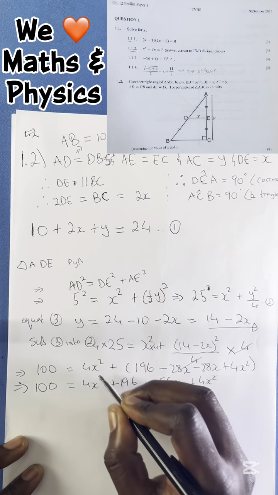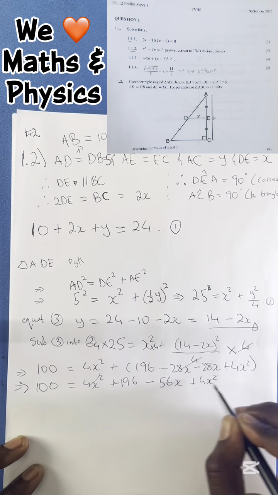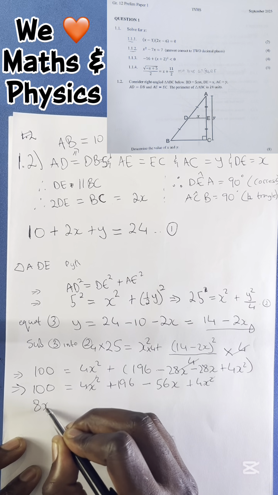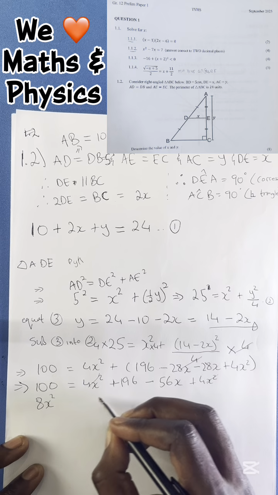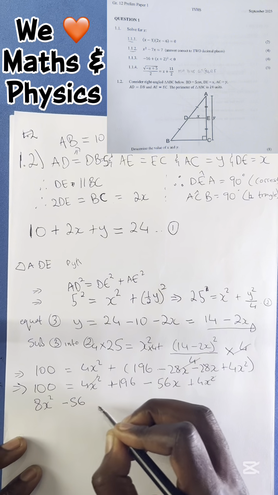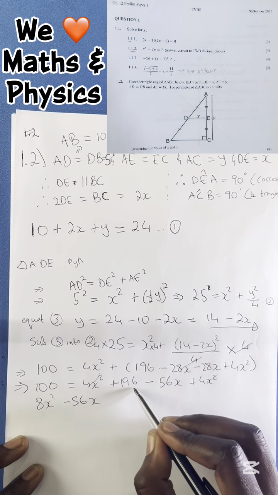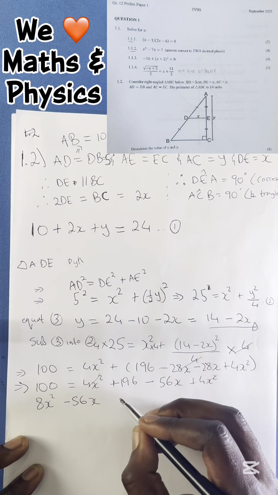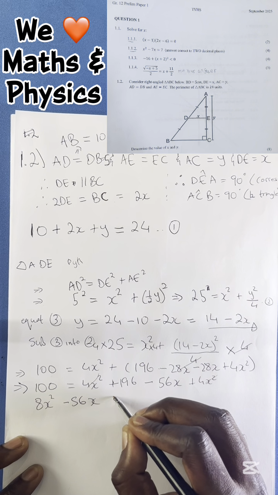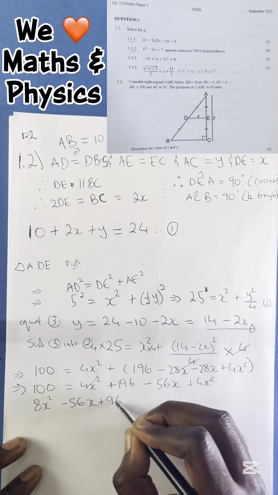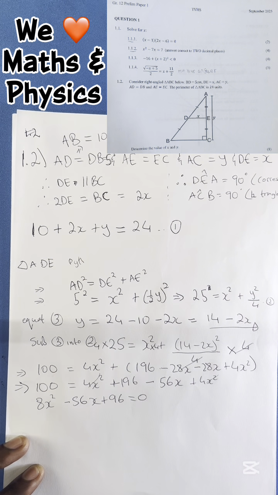So we simplify, bring everything to the same side. That will give us 8x squared minus 56x, and that goes over that side, becomes negative, so it becomes 196 minus 100. That gives us 96. So plus 96 equal to zero.